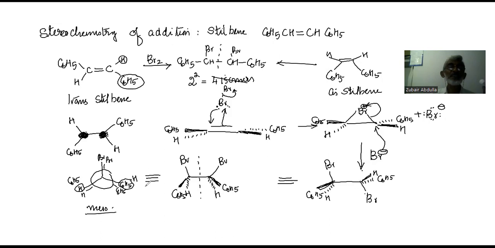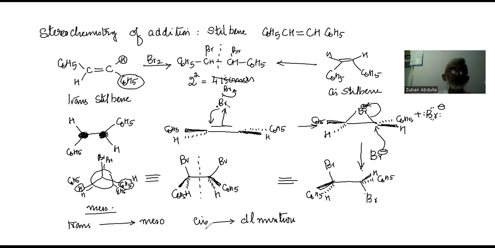That means you'll get a DL mixture. So trans stilbene gives the meso product, while cis will give a DL mixture.